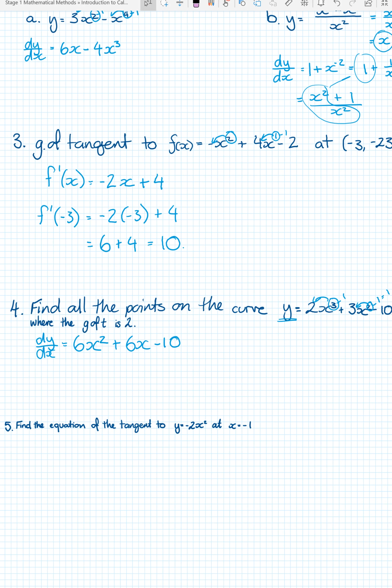So now we have this term 6x squared plus 6x minus 10, and we need to find out where this gradient is equal to 2. So we're going to set that to 2, and now we're going to solve for x. The easiest way to solve for x is to find zeros. So we're going to subtract 2 from both sides of our formula here.